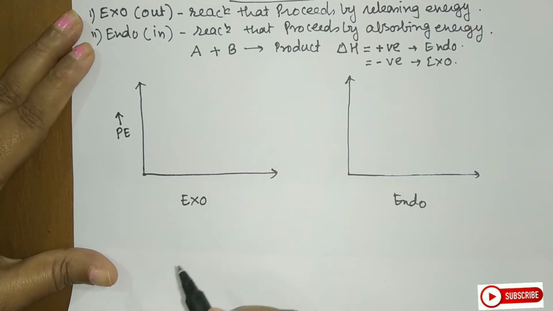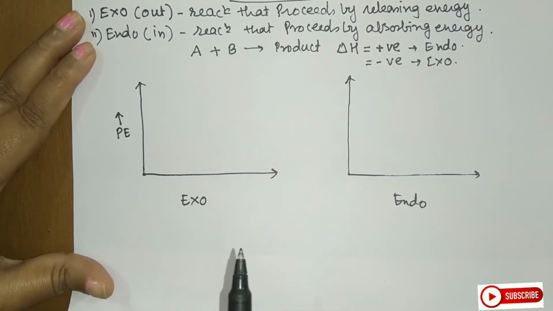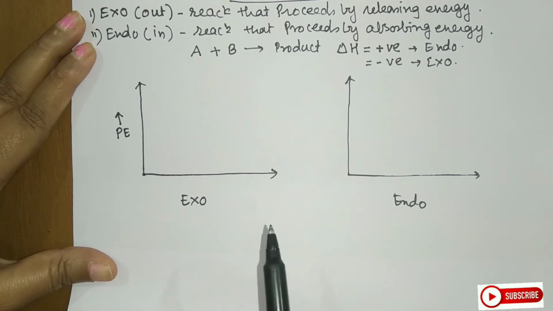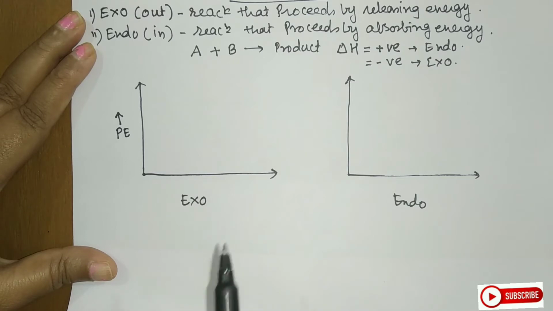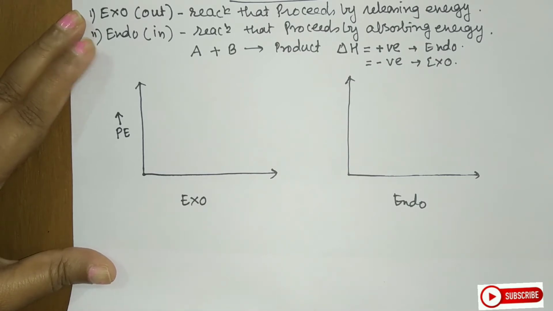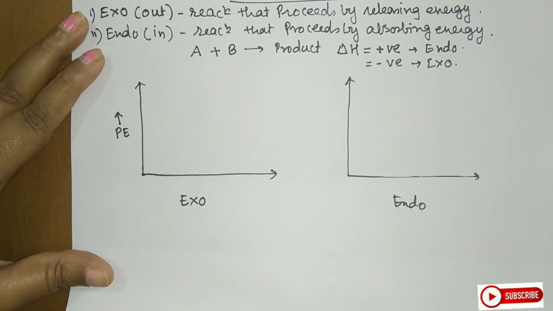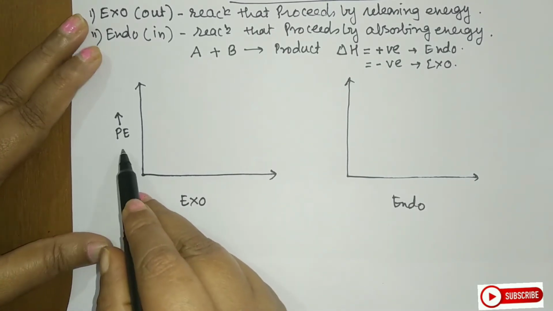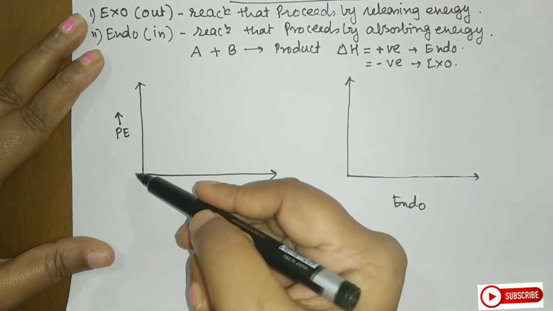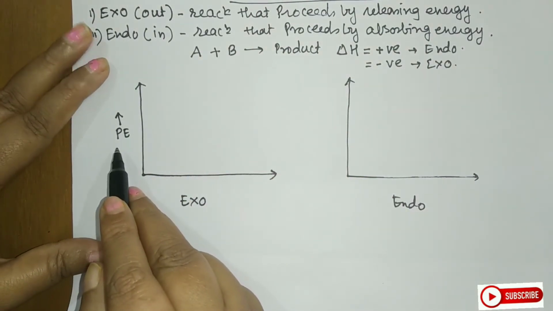Whenever an exo or endothermic reaction takes place, the old bonds are broken and new bonds are formed, and the reaction proceeds with the release or absorption of energy. Any energy related to bond formation and bond breaking is called potential energy. And therefore on the y-axis, we plot potential energy.